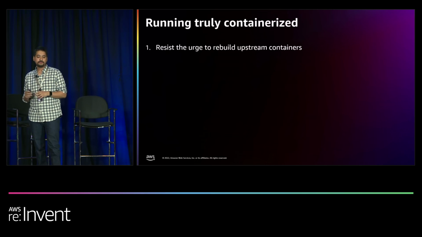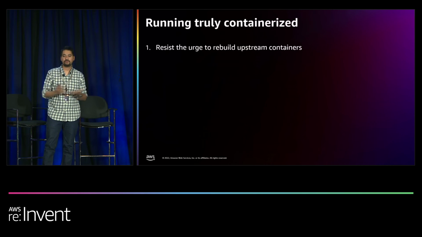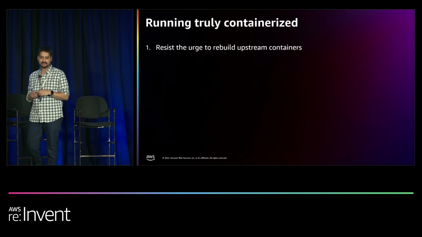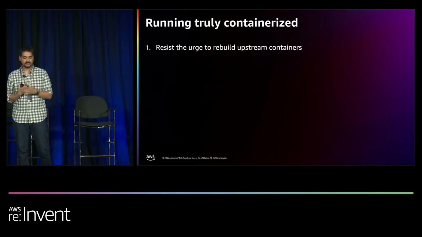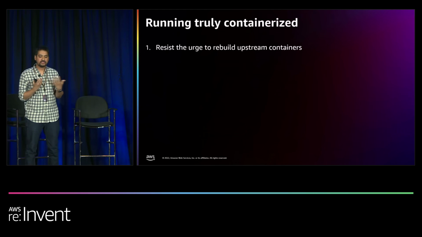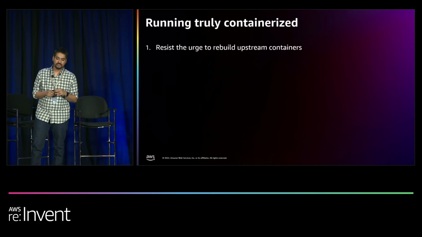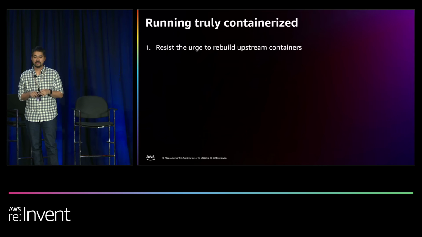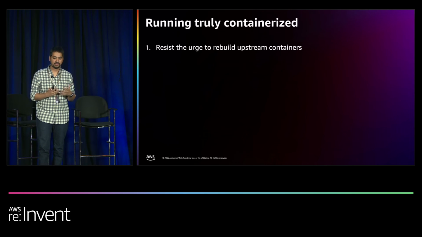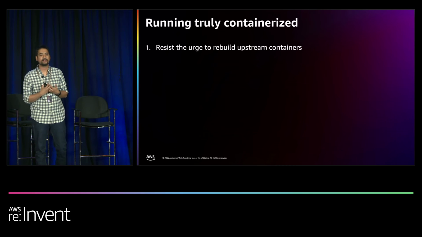And then having run containers for the last 4 years, independent of ECS, here are my takeaways. In the beginning, we almost built these custom containers because we had to adapt upstream containers for our use case. Over time, containers became mainstream, and we realized that we were doing it wrong.